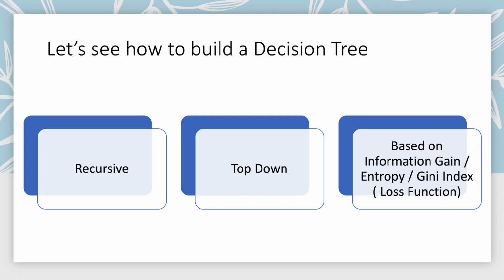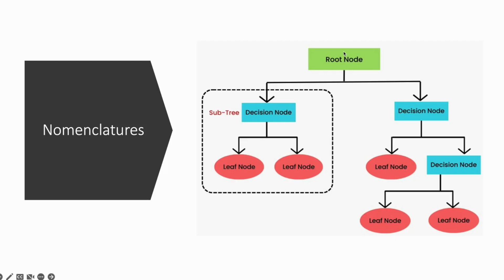So we have 3 principles to build a tree. One is recursion. We recursively build the tree. By that, what I mean is, let me show you. So we build the root node. We do a split over here. To build this particular tree, I will use a recursive logic, what I have done for splitting the root node also.